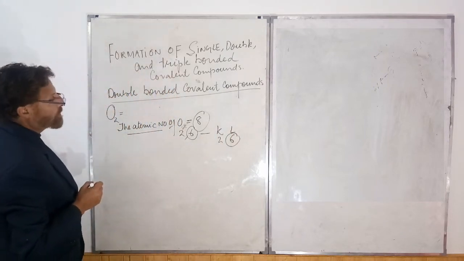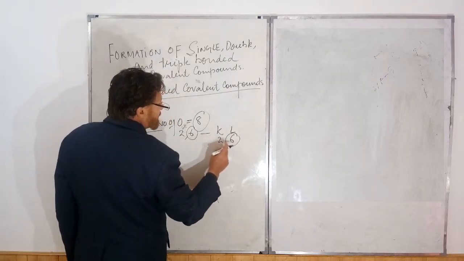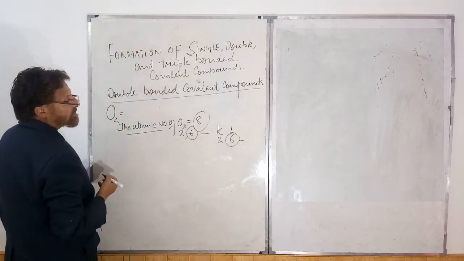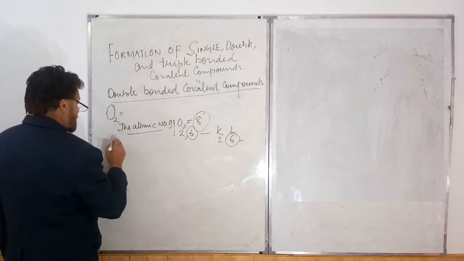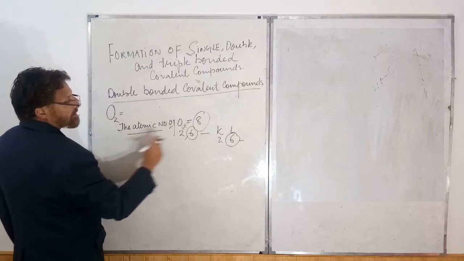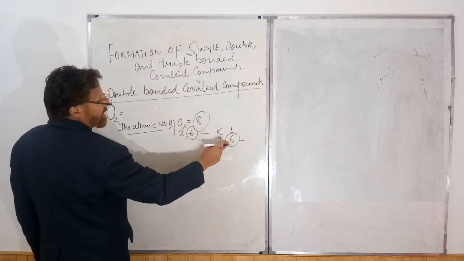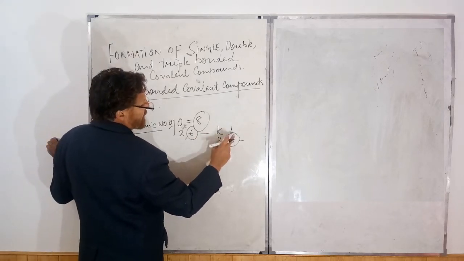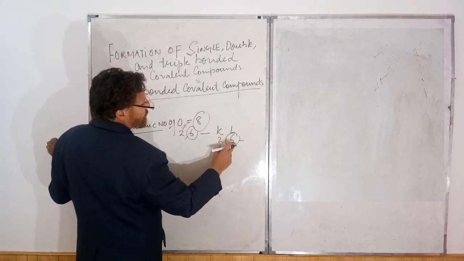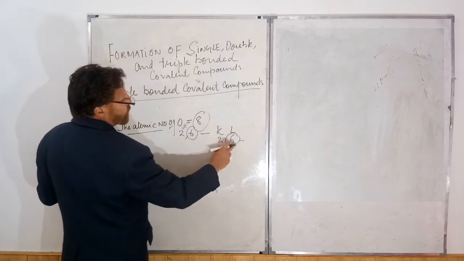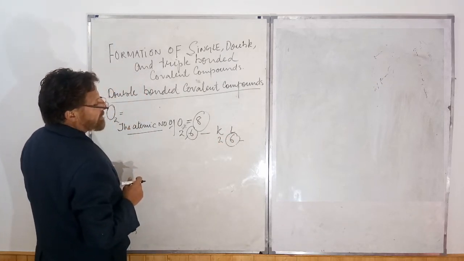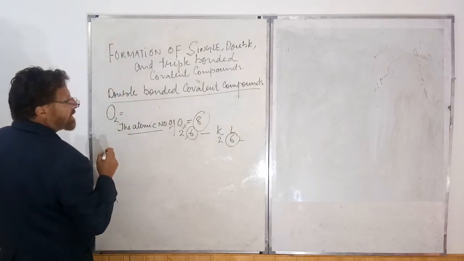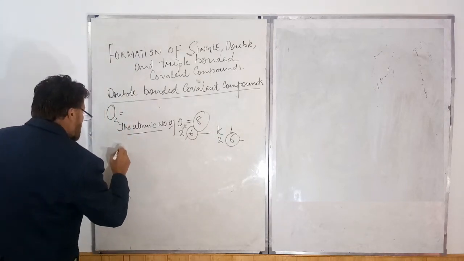So one atom of oxygen contains 6 electrons in its outermost shell. To be stable, it needs 2 more electrons to form an octet. Now here we can see how this is possible.